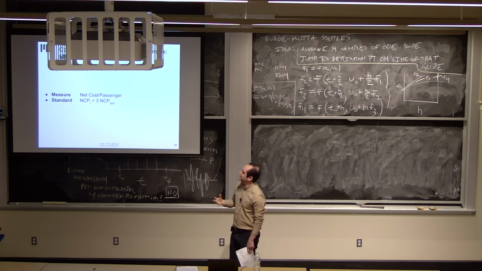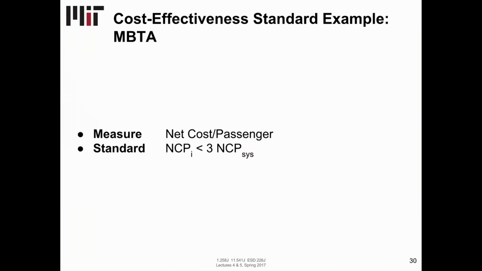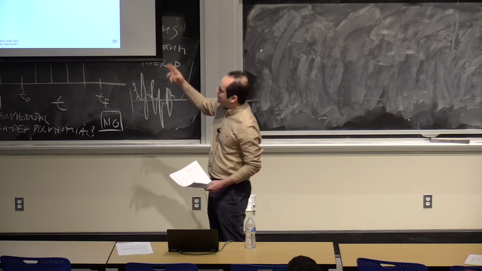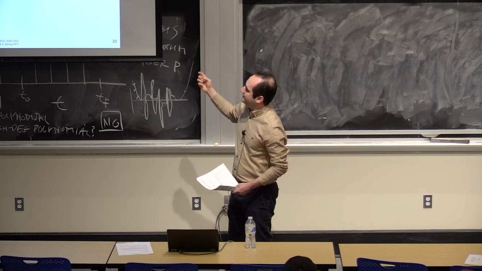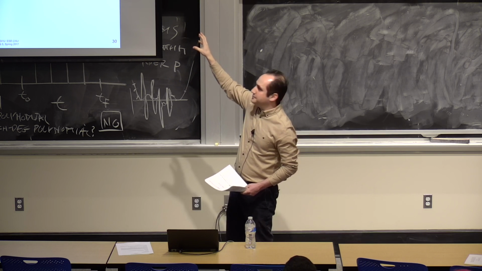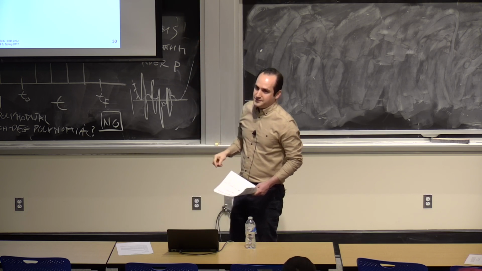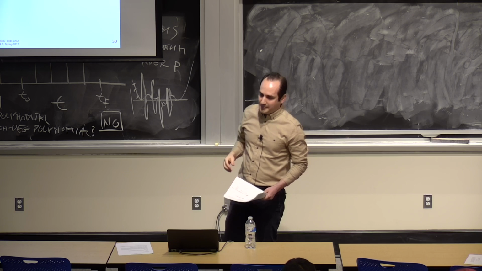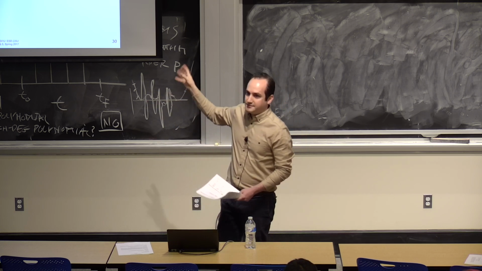And it shouldn't exceed 3 times the system-wide net cost per passenger. So this is going back to the triangle that we have. This is one of the measures that relates the resources that are used to the number of passengers that are using the service, regardless of what the service was.